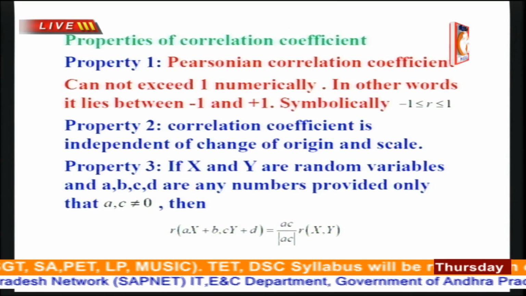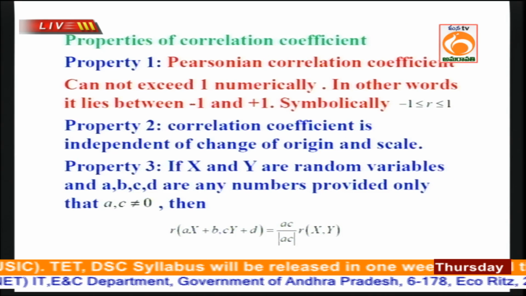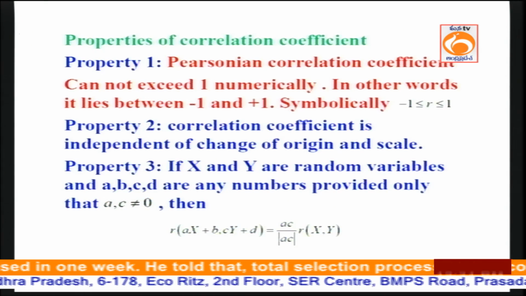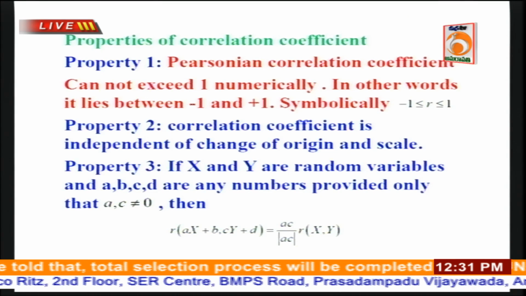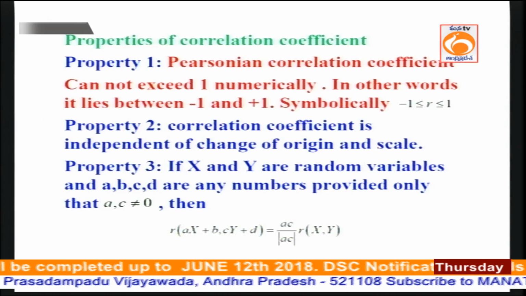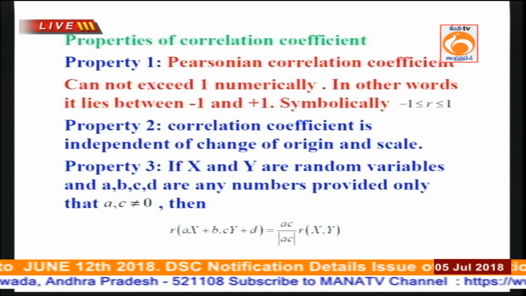Third: if x and y are random variables and a, b, c, d are any numbers, provided only that a and c are not equal to 0, then consider r of ax plus b and cy plus d.